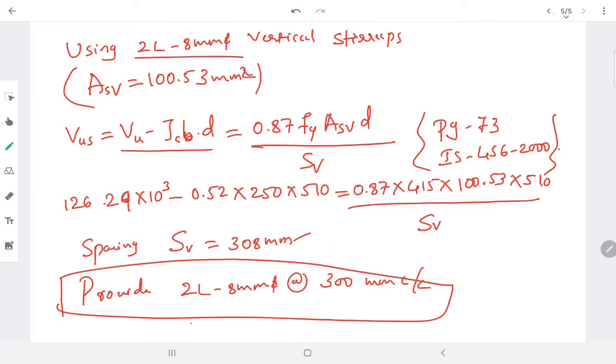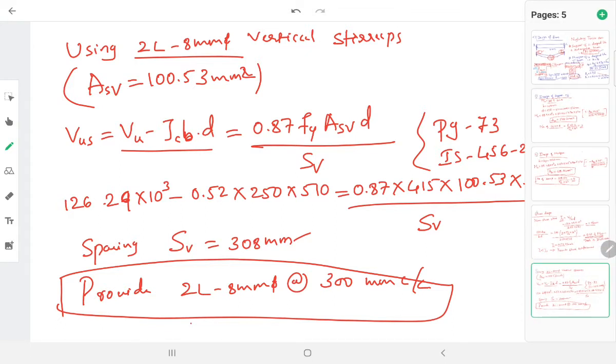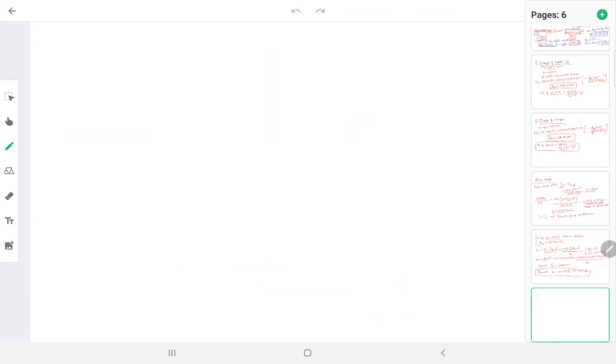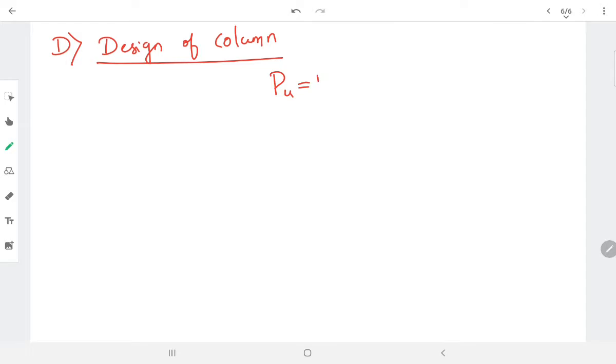Next we'll move towards design of column, that is the fourth step. Step D, I'll write design of column. So here reaction on column or reaction at support is 126.29, that is nothing but load on the column, and bending moment in the column, if you have remembered, it is 88.9 kilonewton meter.